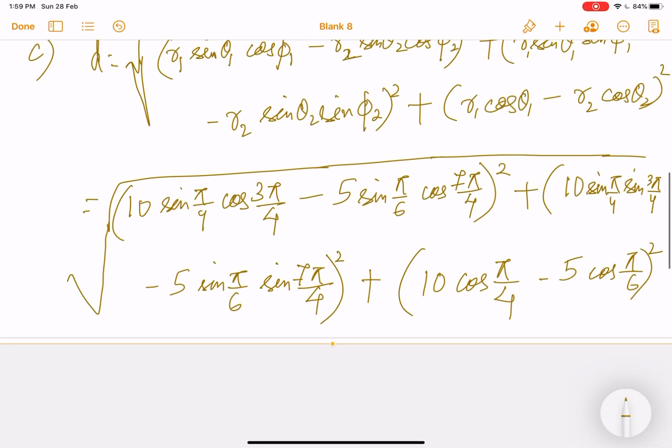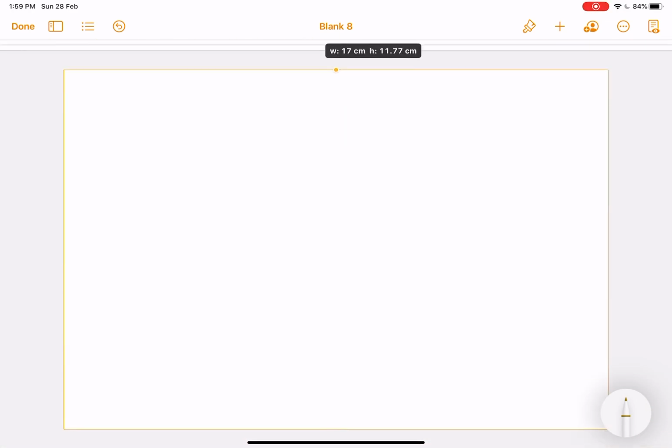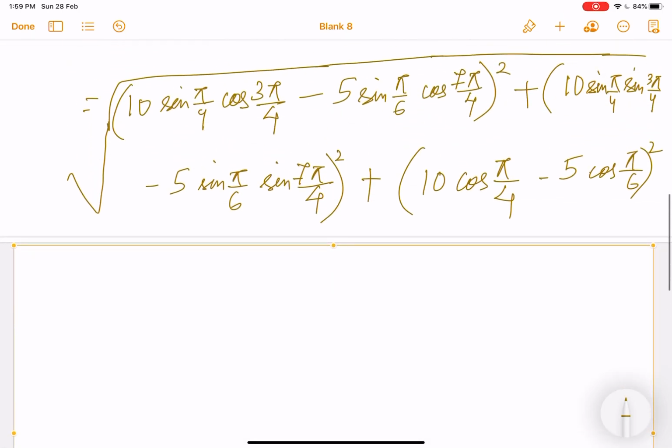Okay, anyways, then next, moving on, let's just put it in the calculator and calculate. What is this? Sine pi by 4 is what? 1 by root 2. And what is this? This is cos 135 degrees. So I can say it is minus 1 by root 2. So basically it will be minus 10 by 2.